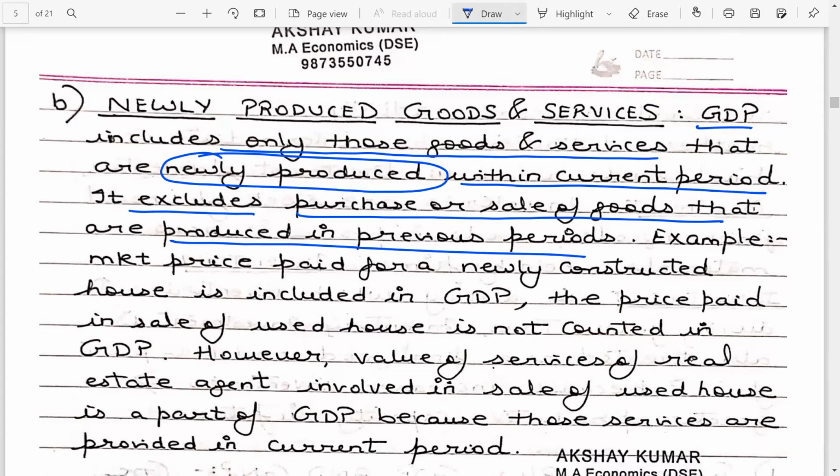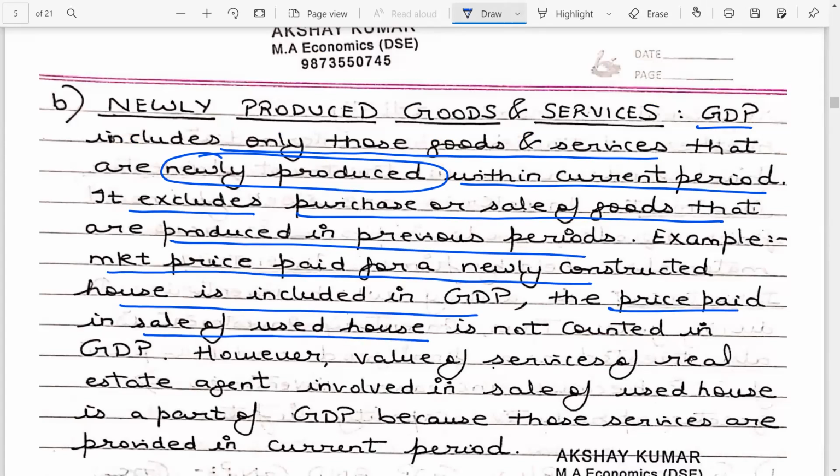An example would be: the market price paid for a newly constructed house is included in GDP. But the price paid in the sale of a used house is not counted in GDP. That means second-hand goods are not included in GDP because their value was included in GDP in the year in which they were manufactured.